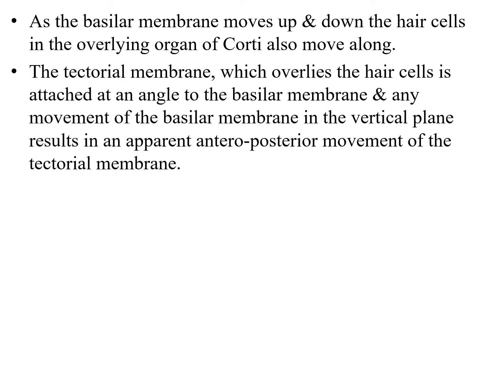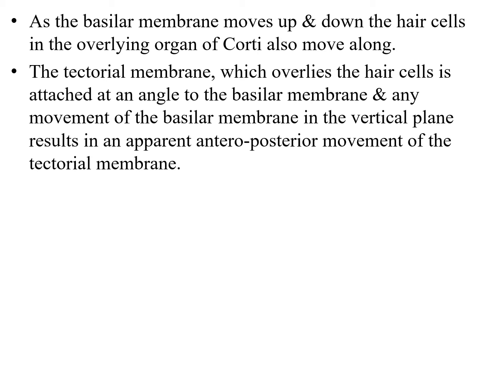The tectorial membrane overlies the hair cells. If you remember, the tectorial membrane was a viscous elastic membrane overlying the tips of the hair cells, and it is attached at an angle to the basilar membrane. Any movement of the basilar membrane in the vertical plane, that is up and down, results in an apparent antero-posterior movement of the tectorial membrane.